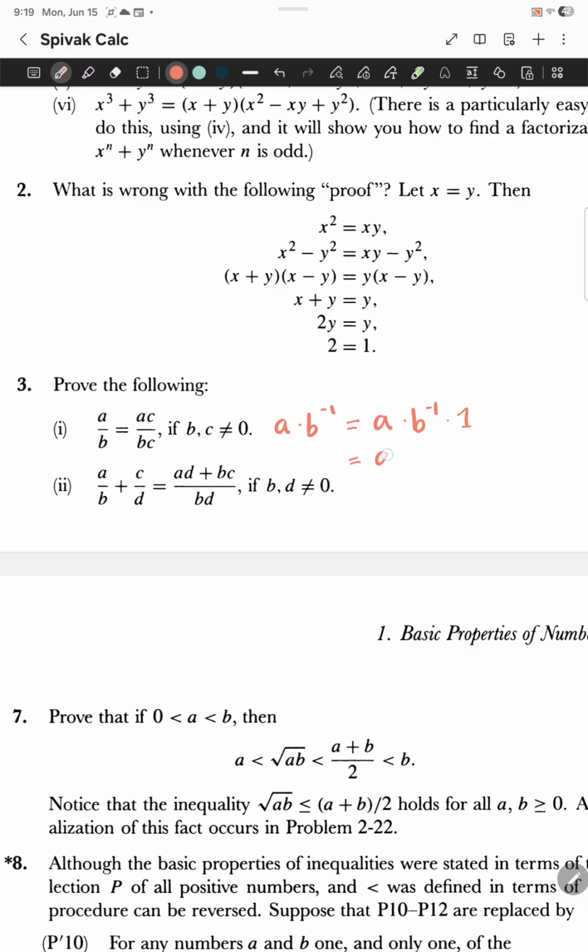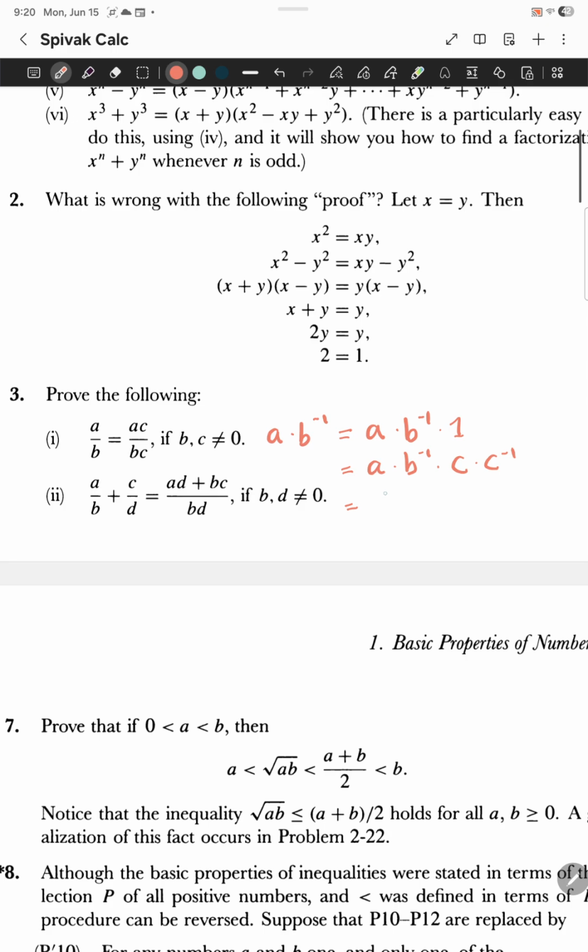Because 1 is just the identity, it doesn't change the value. We know that c is not equal to 0, so there's a multiplicative inverse of this number, and we will just denote it as c to the power of -1.